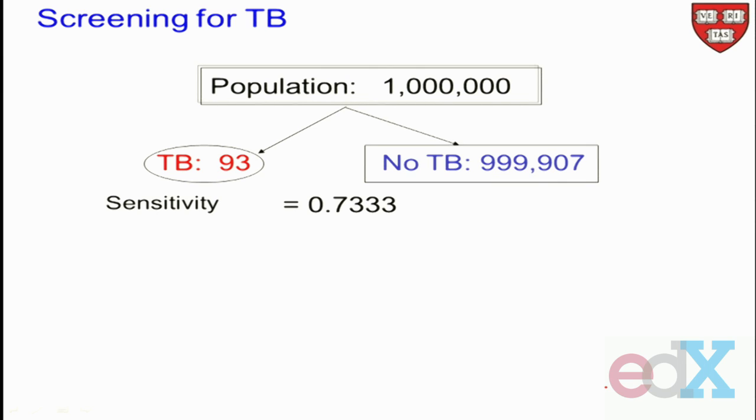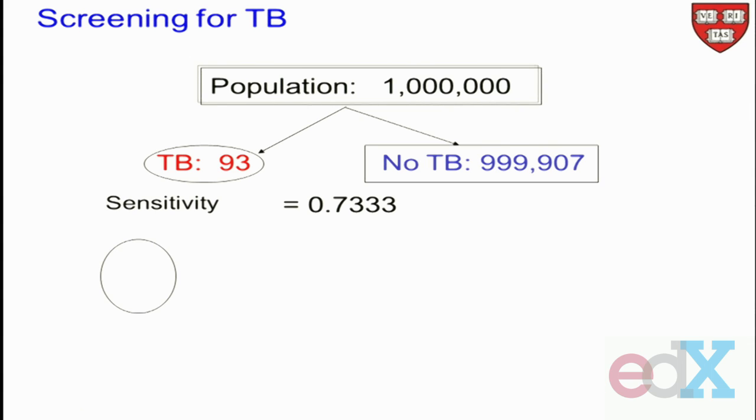That means that if we subject these 93 people to this test with a sensitivity of 0.7333, we will find that 0.7333 times 93 is 68. We will find that 68 people will test positive. Unfortunately, that also means that 25 people will test negative.